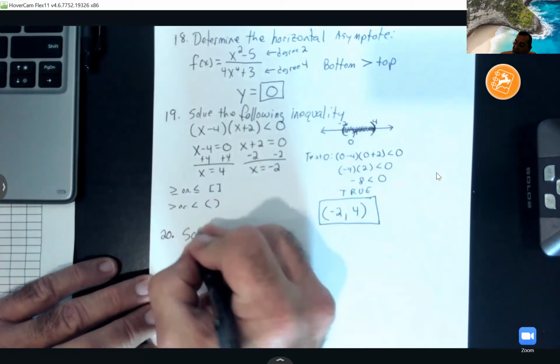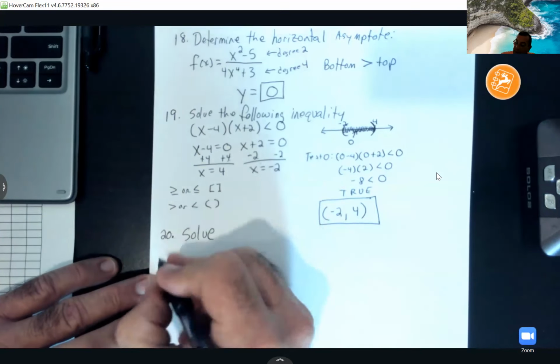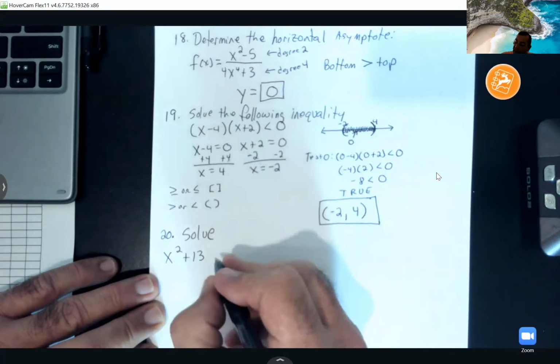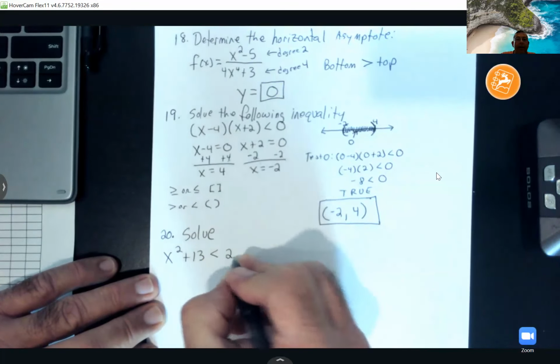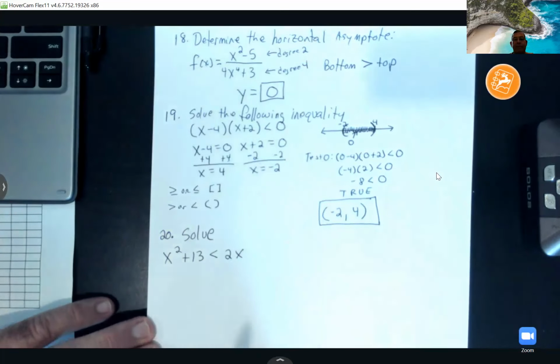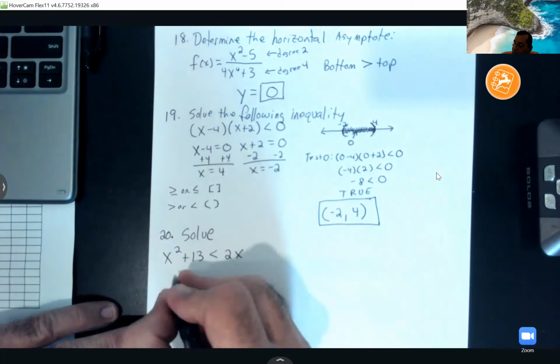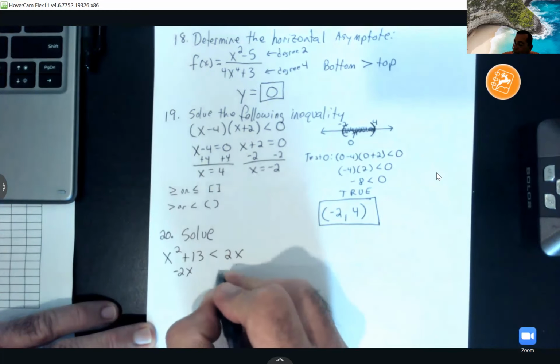All right, the last one said solve x squared plus 13 is less than 2x. So to solve this, I need a 0 over here. So I'm going to subtract 2x from both sides.